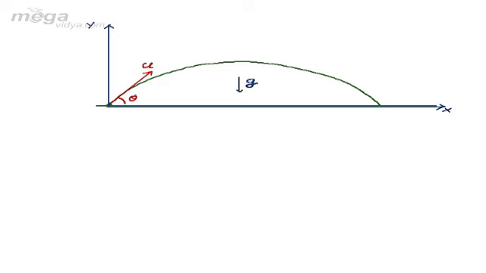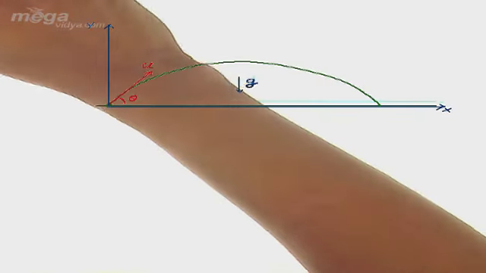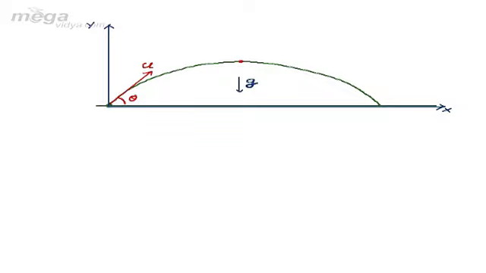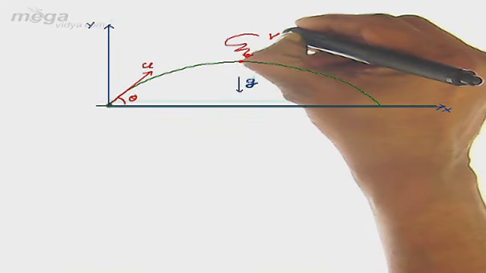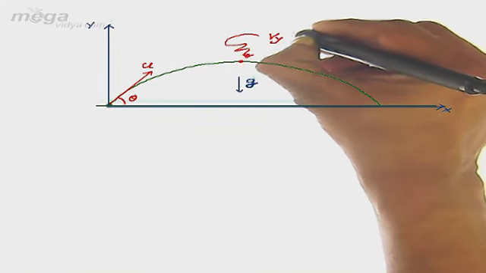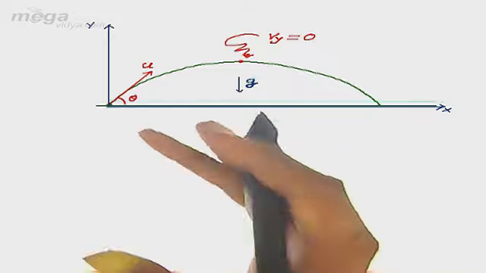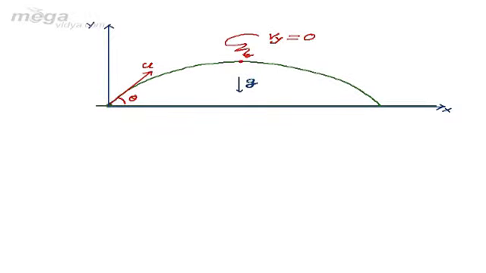Now, we can easily analyze that when it reaches the maximum height of this path, obviously at this height, the vertical component of velocity is 0. If the vertical component of its velocity is 0, then we can very easily use the third equation of kinematics, which is basically the result of the work energy theorem.